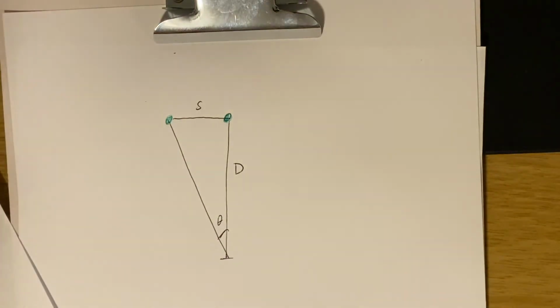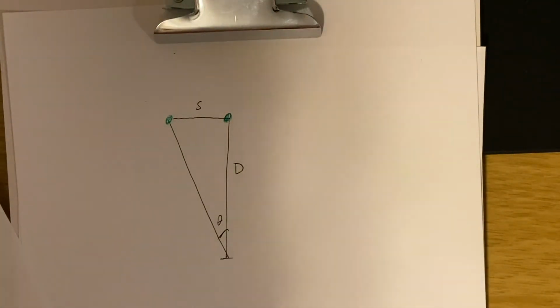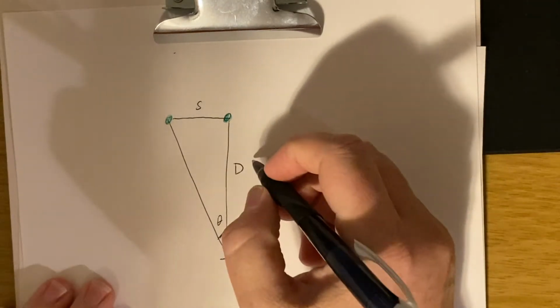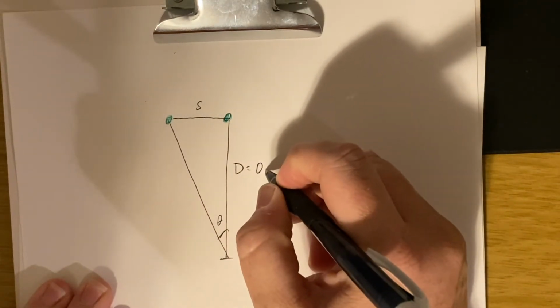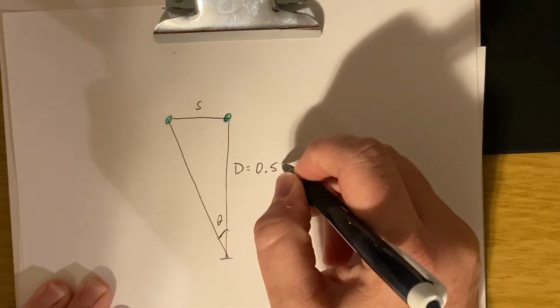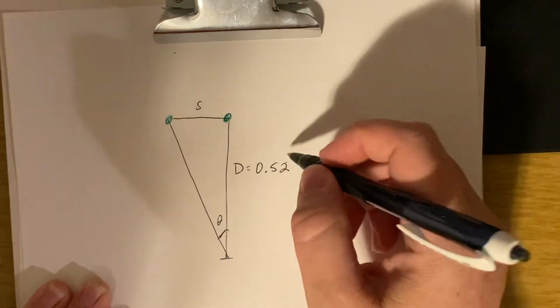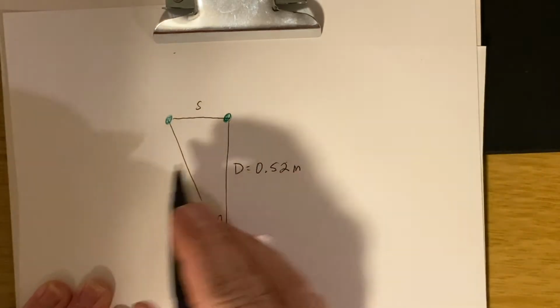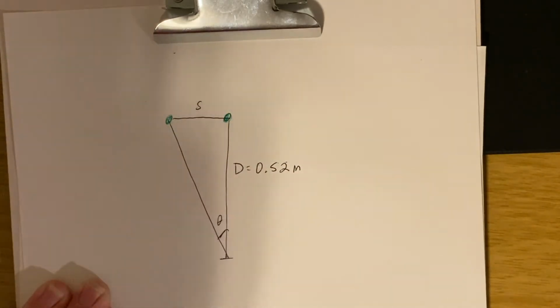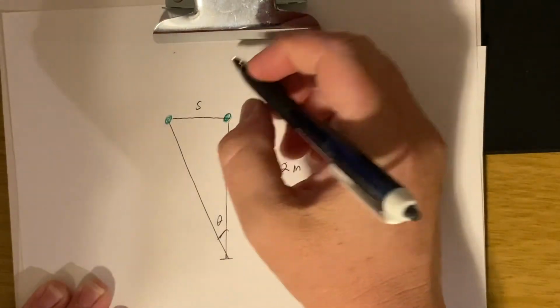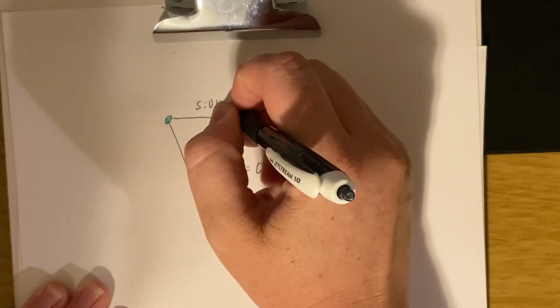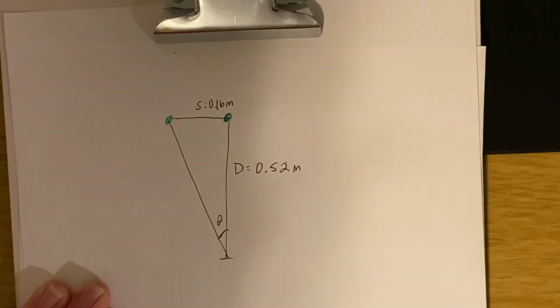So if we take a look at the stuff I had set up here, I was 0.52 meters from the screen there. And so D is 0.52 meters. And if I'm talking about the green dots, the green laser there, S was equal to 0.16 meters.